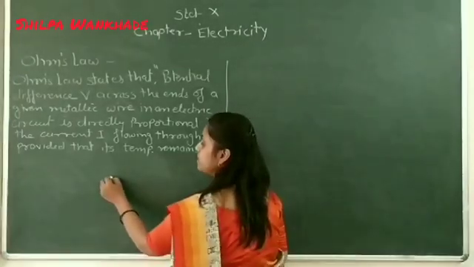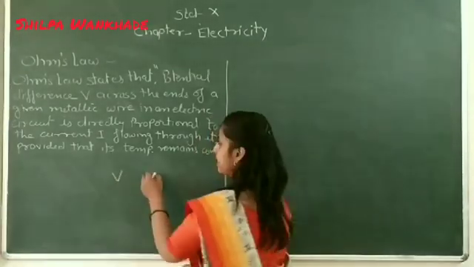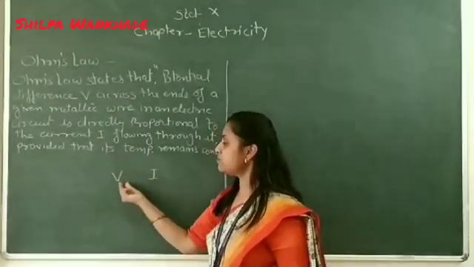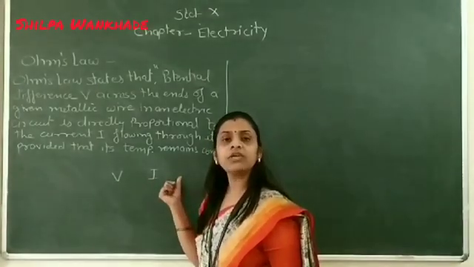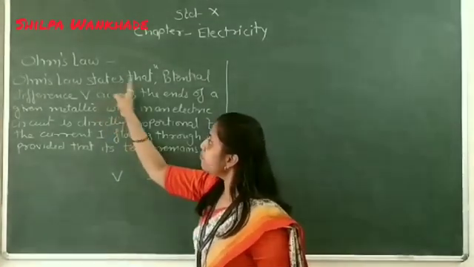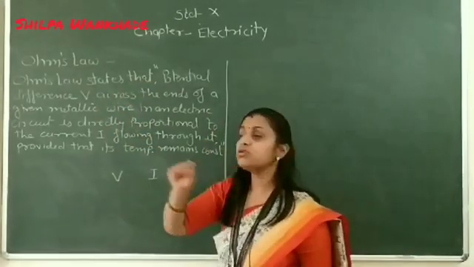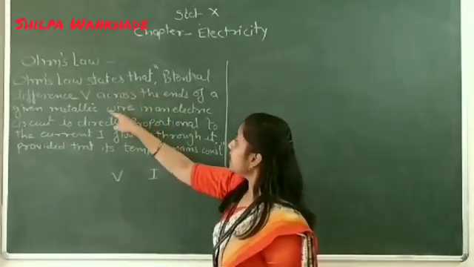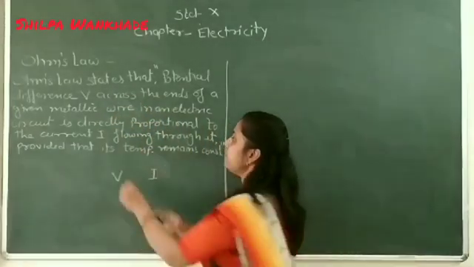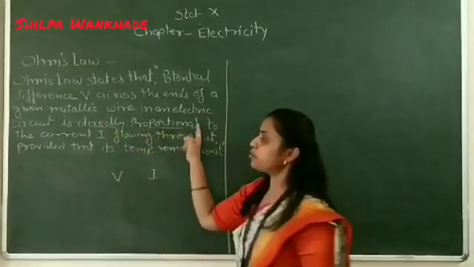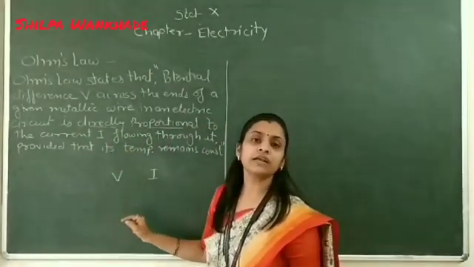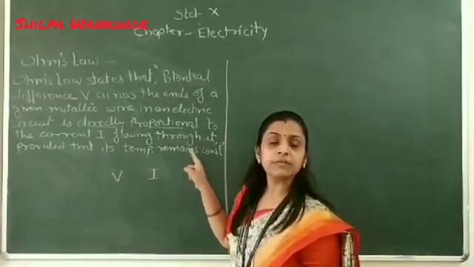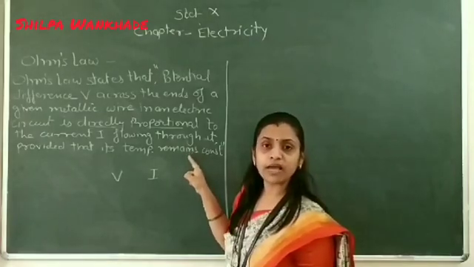The potential difference across the two ends of a conductor is V and the current flowing through that conductor is I. So he gives the relationship between V and I. And how does he give it? Whatever the potential difference V between the two ends of a conductor in a metallic wire, it is directly proportional to the current flowing through that conductor, provided that its temperature remains constant, meaning the temperature of the metallic wire remains constant.